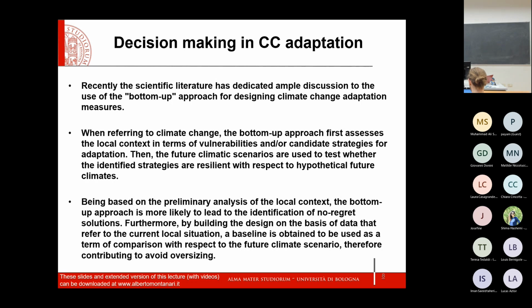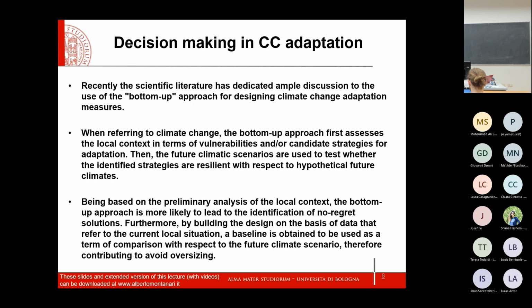A no-regret solution that is doable, doesn't solve the problem, but is flexible, so can be subsequently updated. This is perfect. This is the meaning of the bottom-up approach. What is called bottom-up approach? This is the target, and I will explain to you in a moment why bottom-up. But the target is to avoid overestimation, to propose a solution that may be only temporary, but can be eventually updated and is doable.